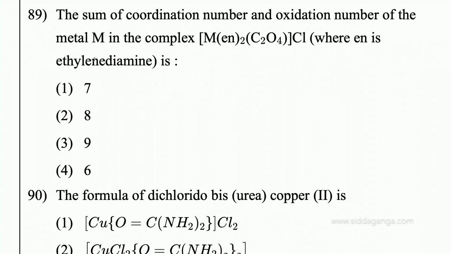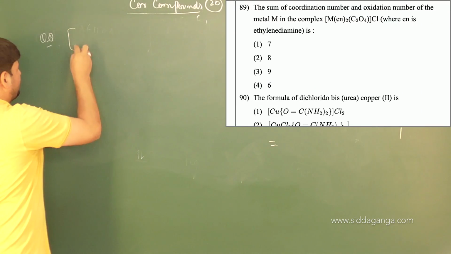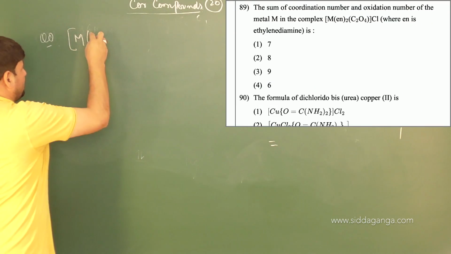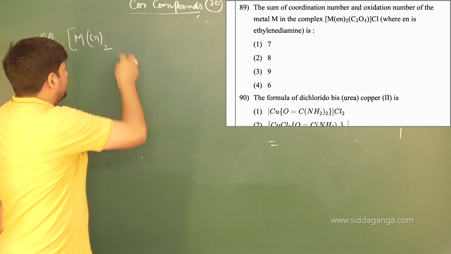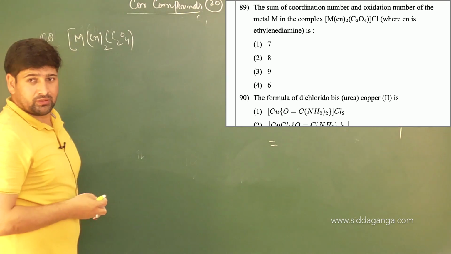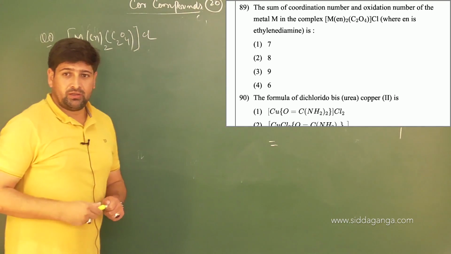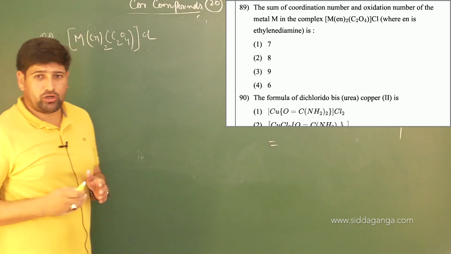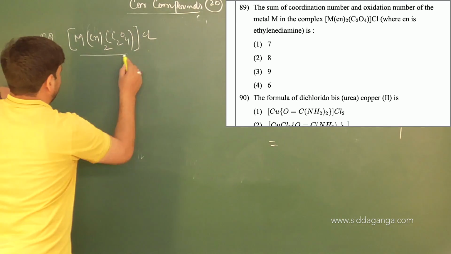So we have the complex M(en)2(C2O4), with chlorine outside. Very good. What is the sum of coordination number and oxidation number? Let us first find the oxidation number.